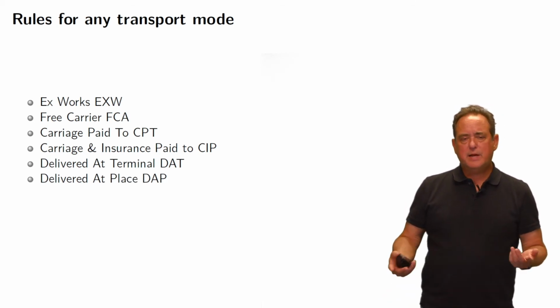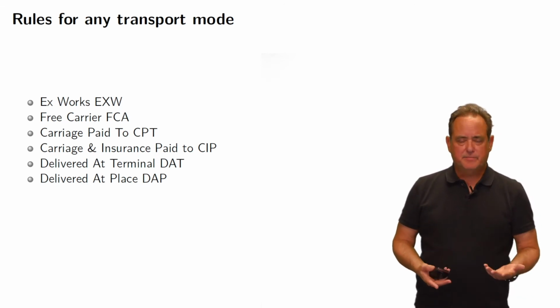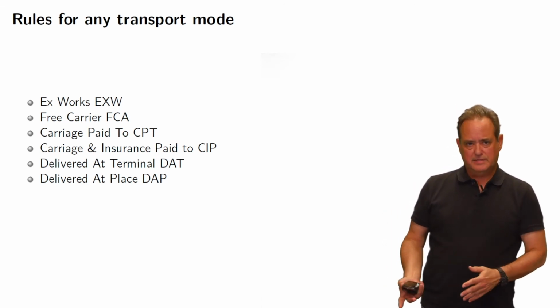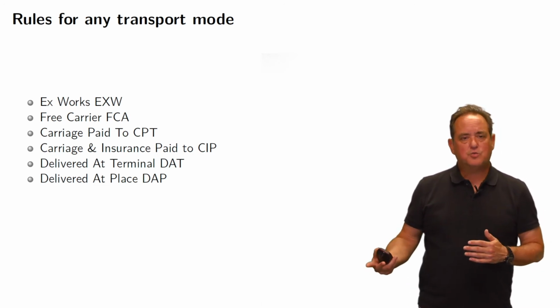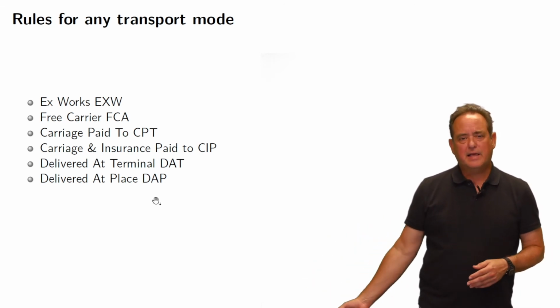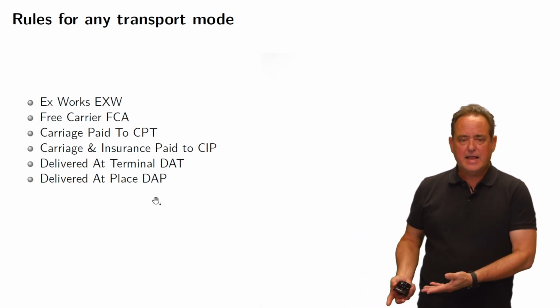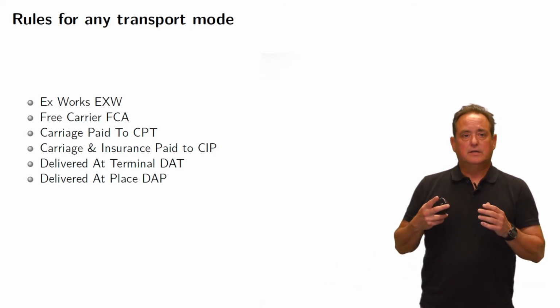And you should know DAP, delivered at place. This refers to the place of business of the buyer. So risk of loss will pass if we have a contract DAP when they are placed at the hands of the buyer, or at least tendered for delivery.